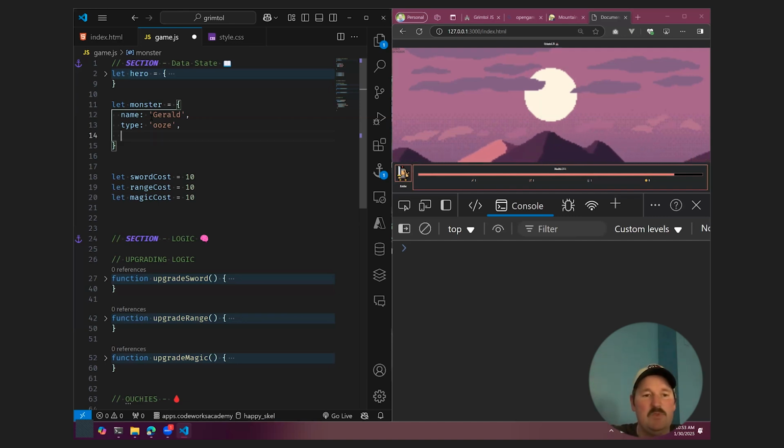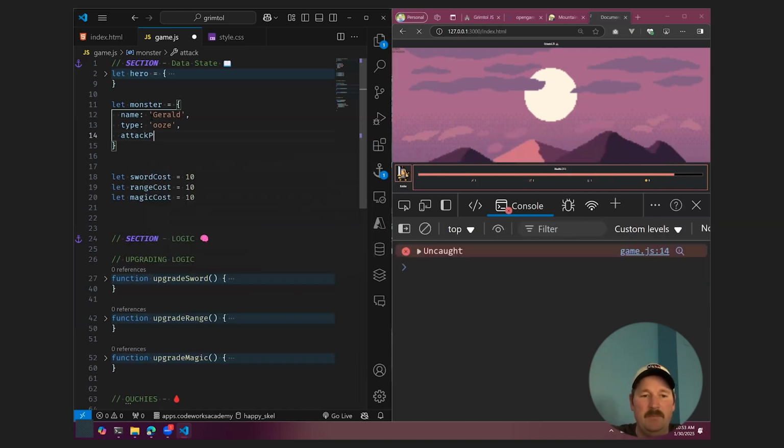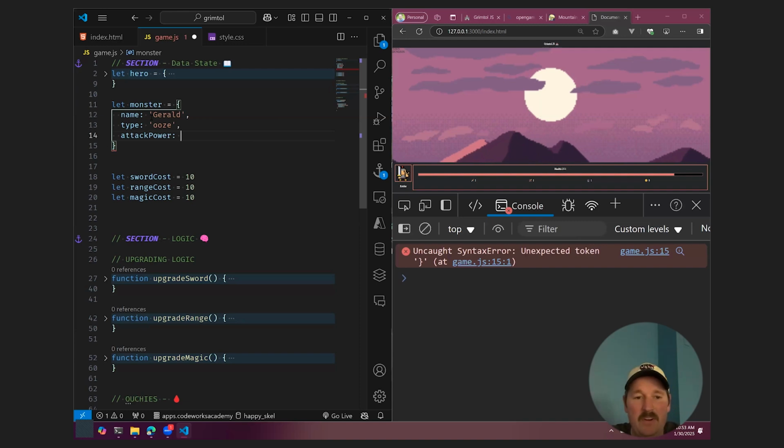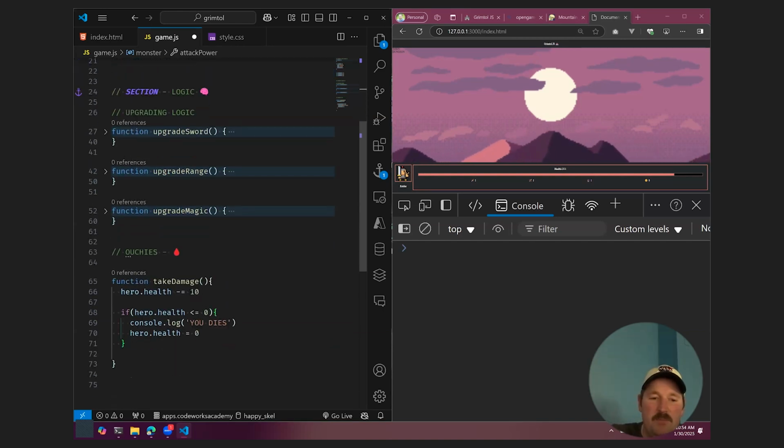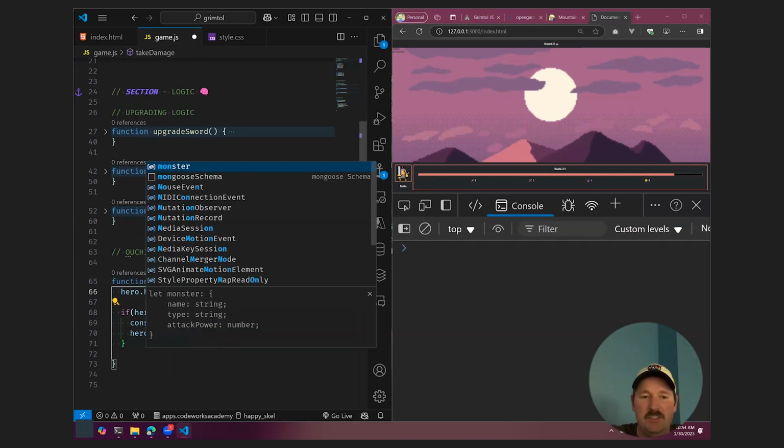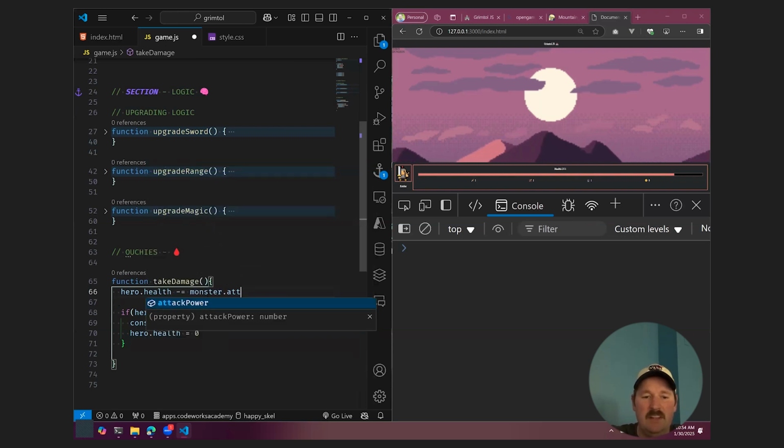And he's got some sort of attack power. And his attack power is going to be, keep it simple to start, 1, right? Simple little ooze. Okay, now, instead of putting in here, I should just do monster dot attack power.